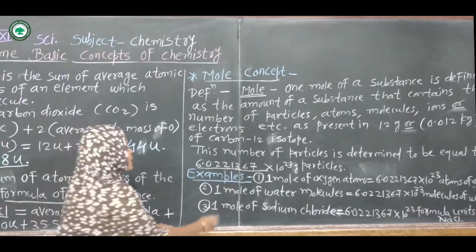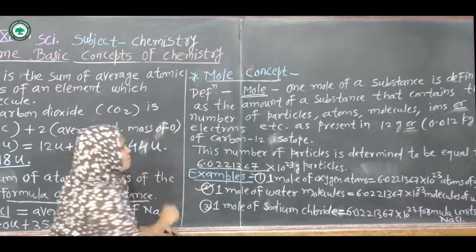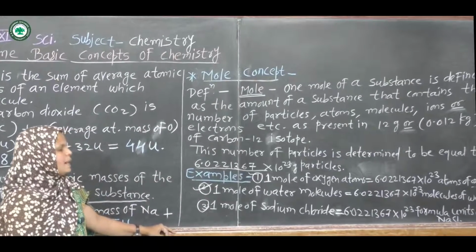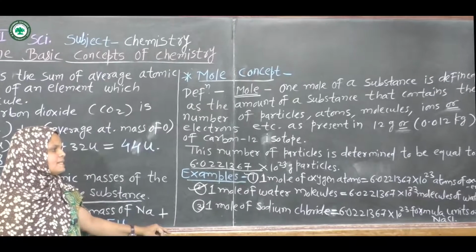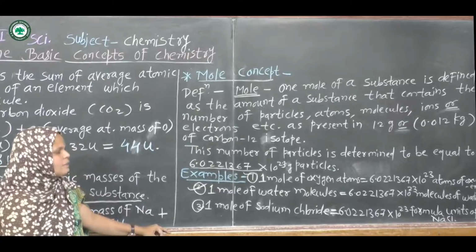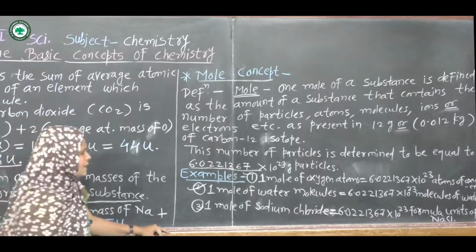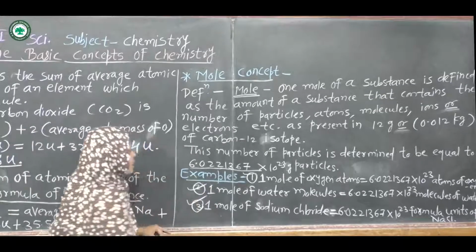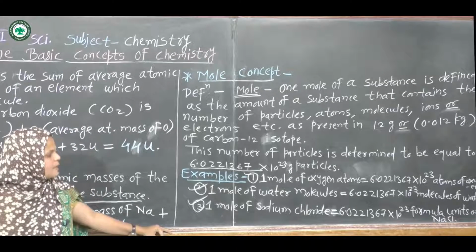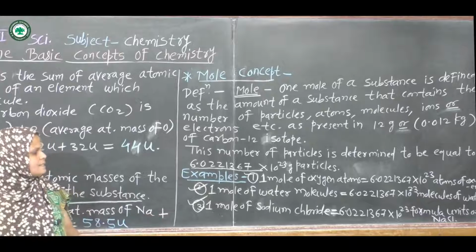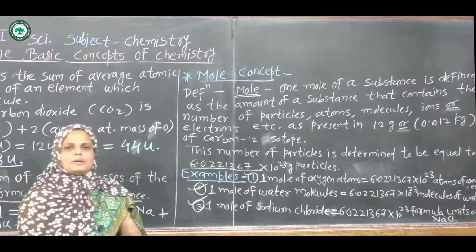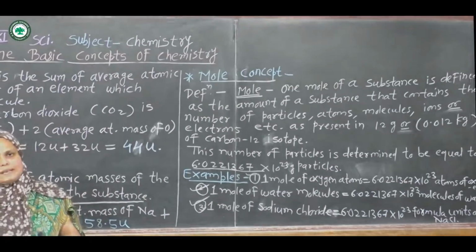Second example: 1 mole of water molecules is equal to 6.0221367 × 10²³ molecules of water. And the last example is 1 mole of sodium chloride, which is equal to 6.0221367 × 10²³ formula units of NaCl.